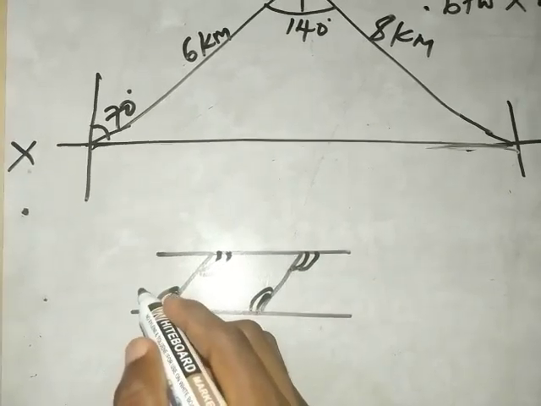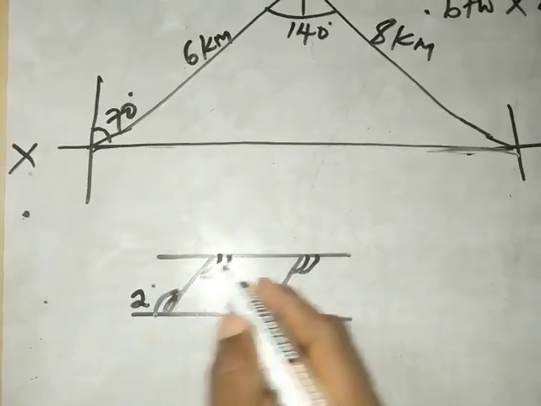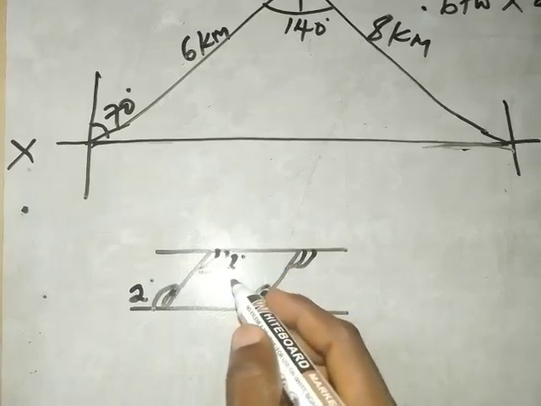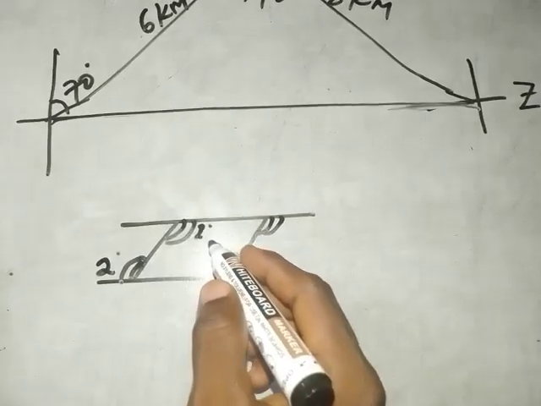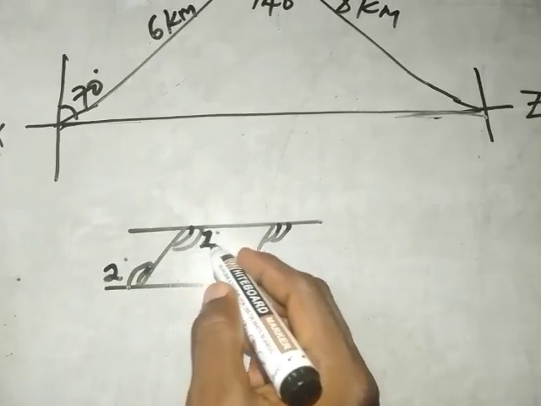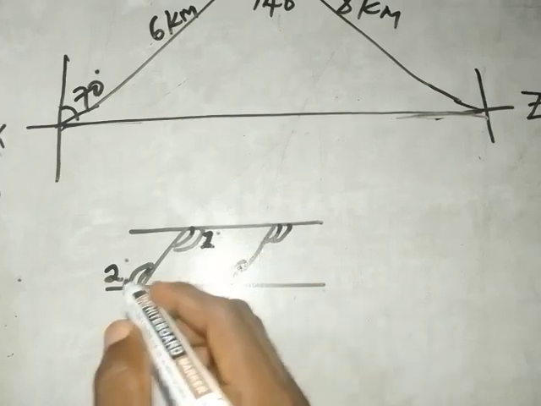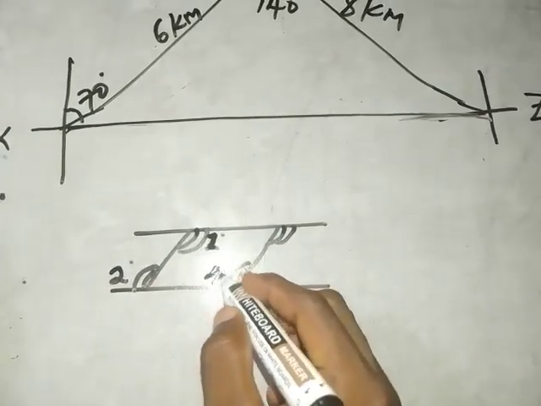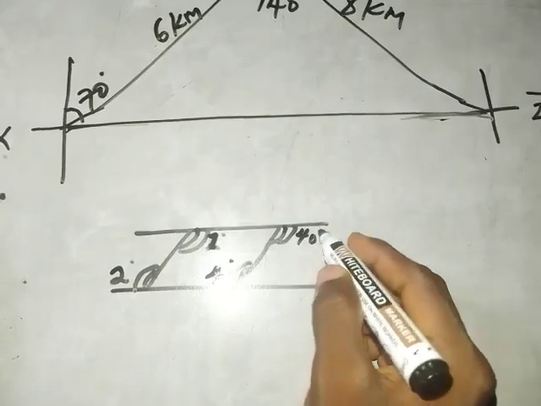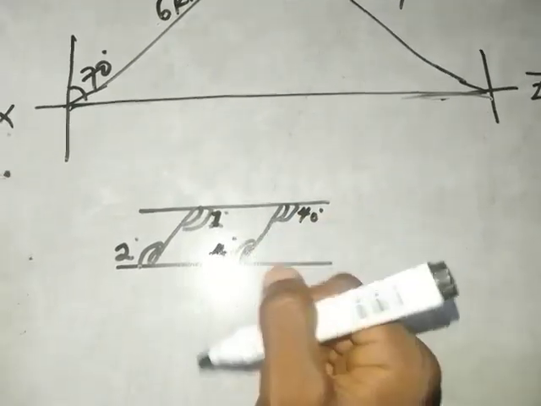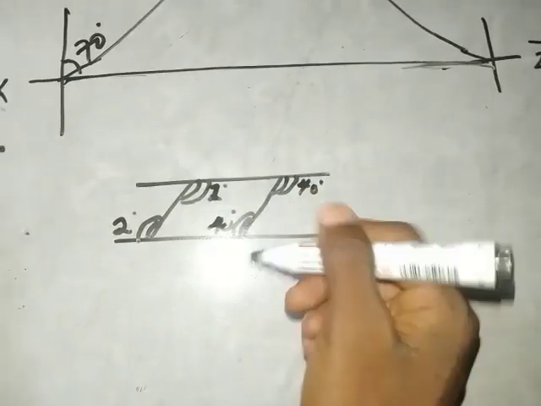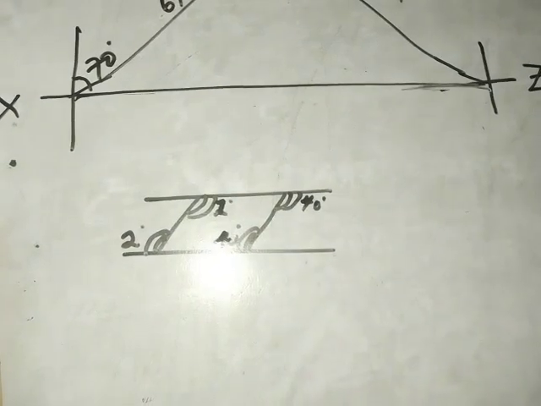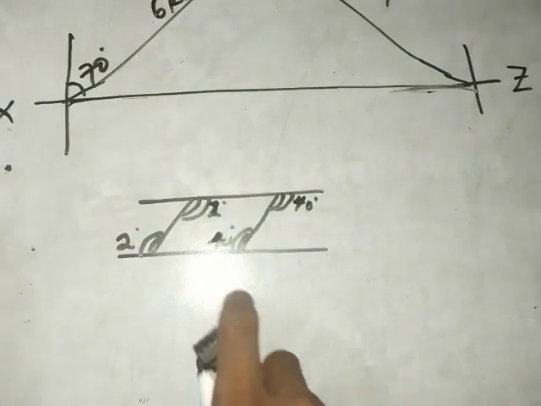So if this angle is 40 degrees, this angle will be 40 degrees, because they are alternate. Alternate angles are equal. All right. So if this angle is 40, this angle is 40, because they are alternate to each other. That means they are equal.